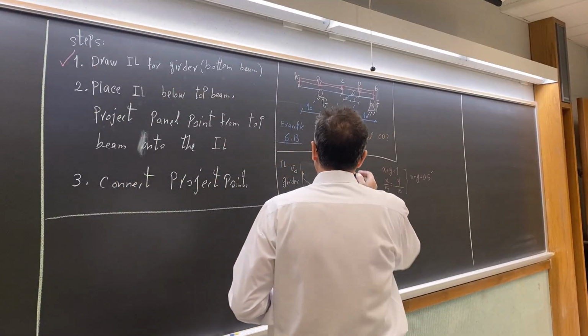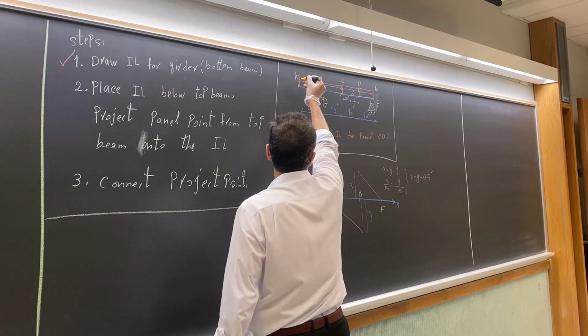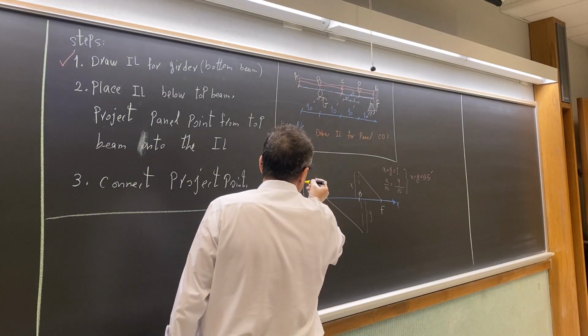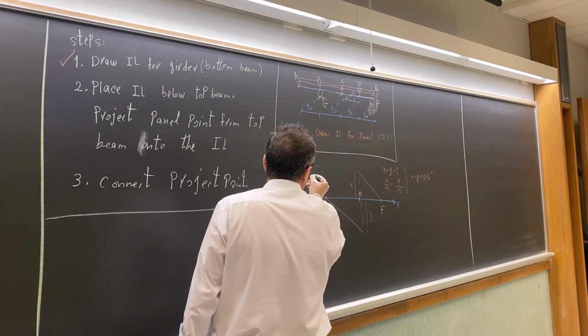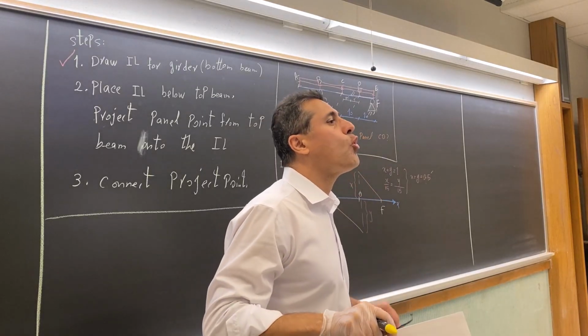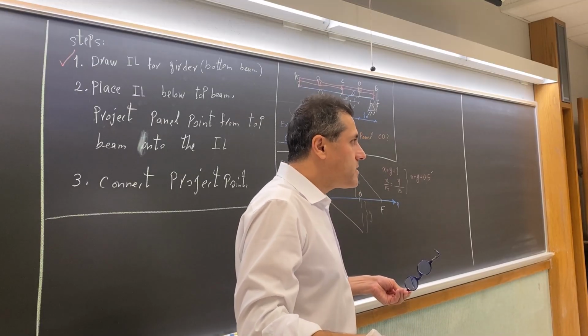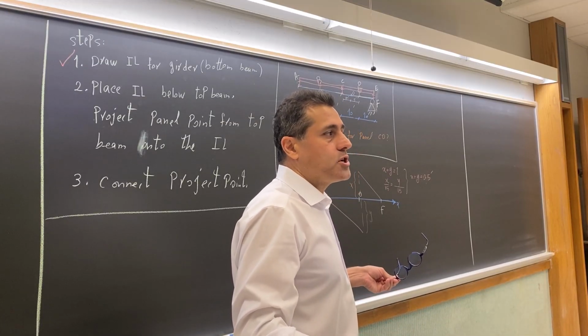The panel points are point A. So when you project it, it means you just draw a line vertically, and then how much is the ordinate of this influence line? The height of the influence line is professionally called ordinate. So far we have been saying height. Now I'm using this terminology, ordinate.